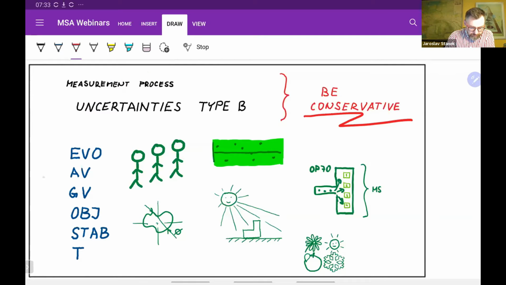The first one is the equipment variation on the measured object. This is usually the one which is being done throughout the experiment, and I will be trying to explain what this uncertainty means.